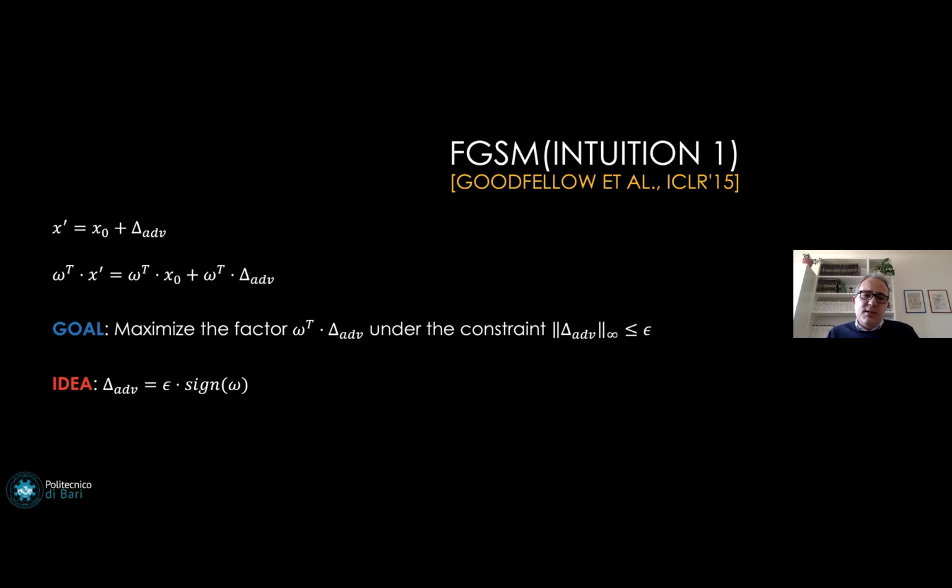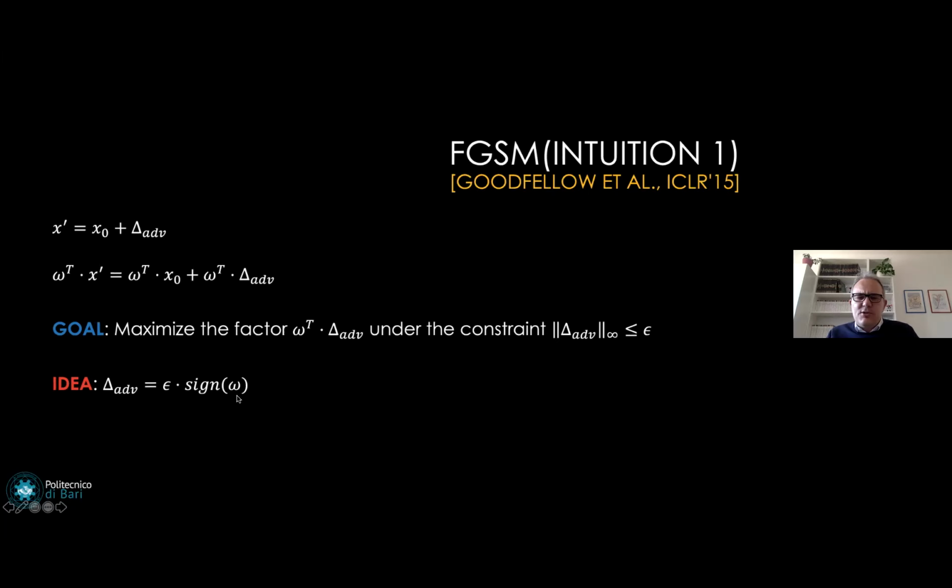So the point here is that we want to maximize this perturbation factor, but at the same time, we want the perturbation to be as small as possible. A possible idea is that of setting this perturbation equal to the perturbation budget epsilon times the sign of the vector omega.